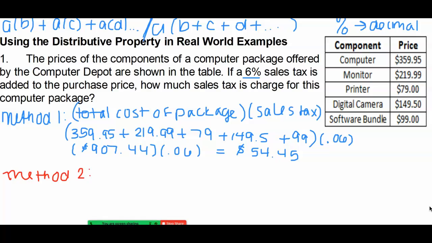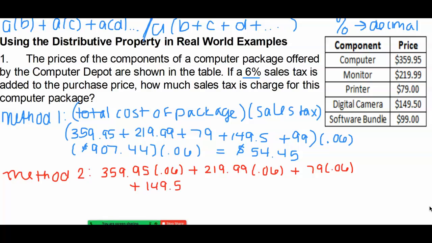Method 2 would be taking the sales tax and distributing it to each individual component cost. So that would be like 359.95 times 0.06 plus 219.99 times 0.06 plus 79 times 0.06 plus 149.5 times 0.06 plus 99 times 0.06.